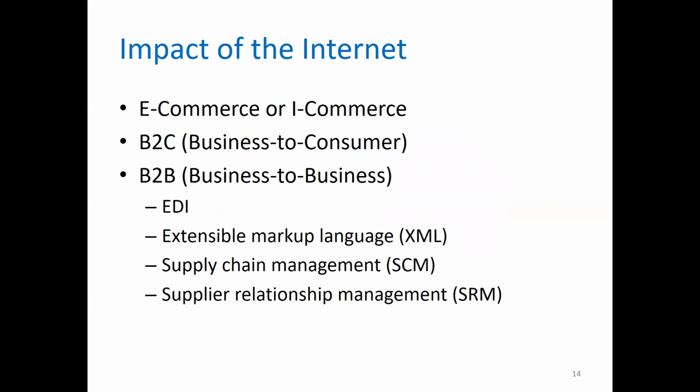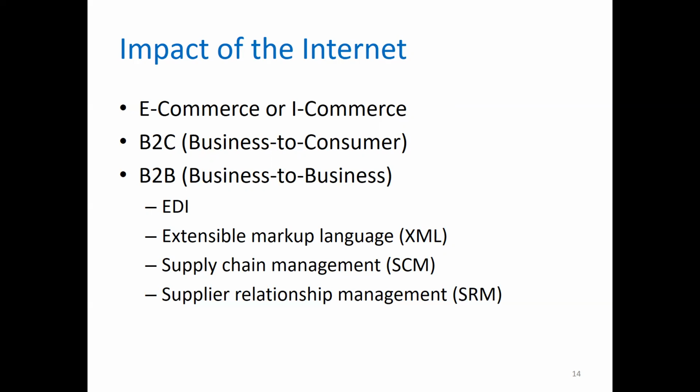Impact of the internet. The internet and information technology had certain impact on how business would operate. And through this impact came electronic commerce or e-commerce, business to consumer, business to business.